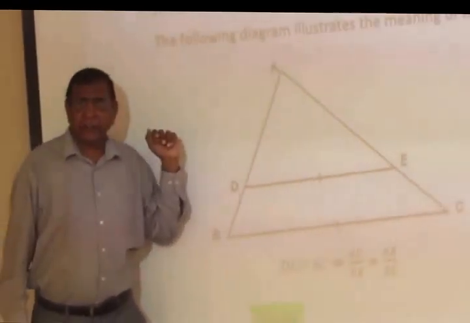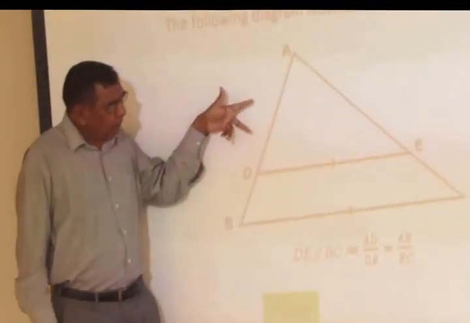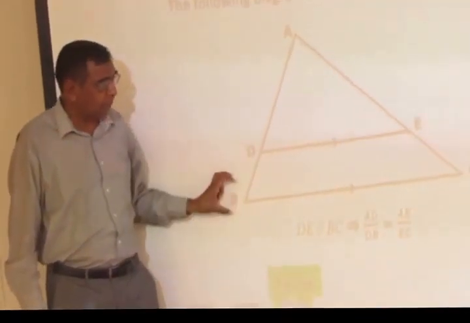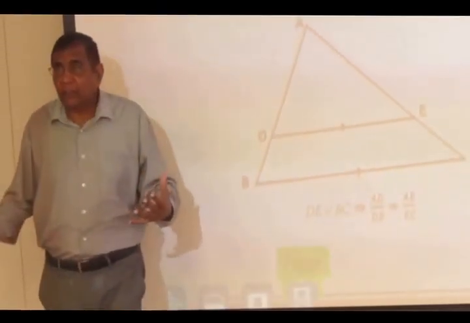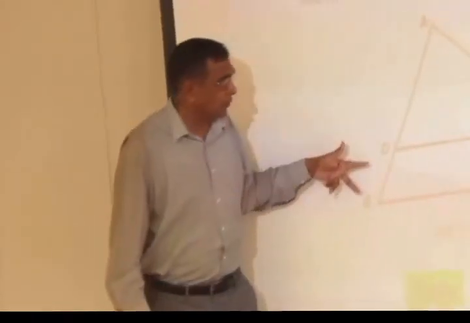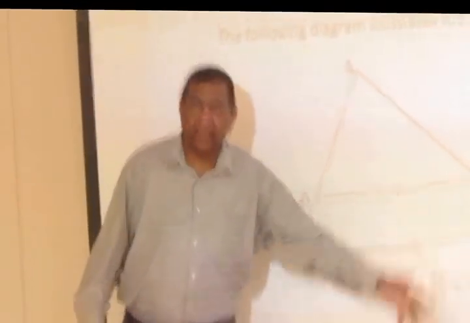If it divides the other two sides proportionally, that means the ratio of this part to that part, that means AD to DB, would be the same as AE to EC. Just like I told you now, the ratio of teachers to learners is 1/50. The ratio of AD to DB is the same as AE to EC.